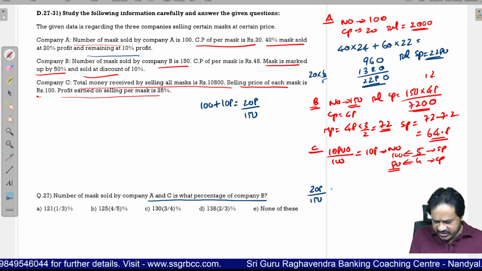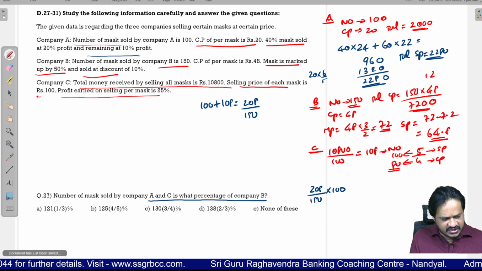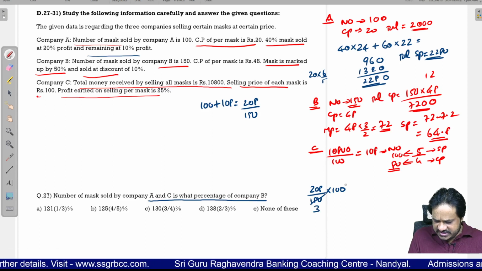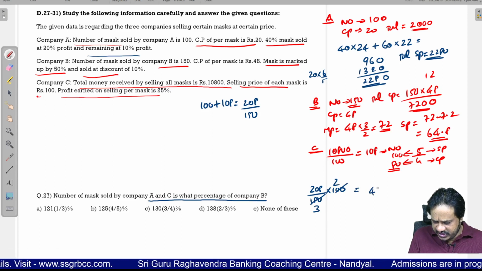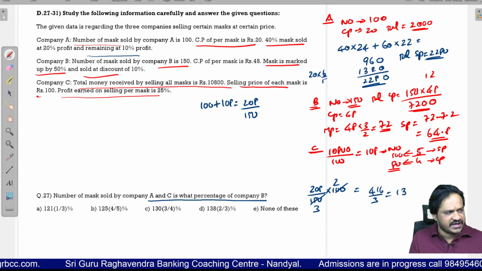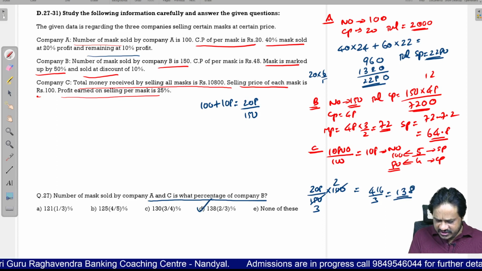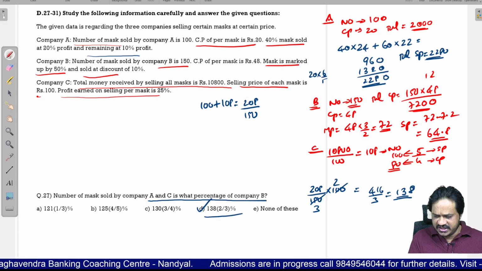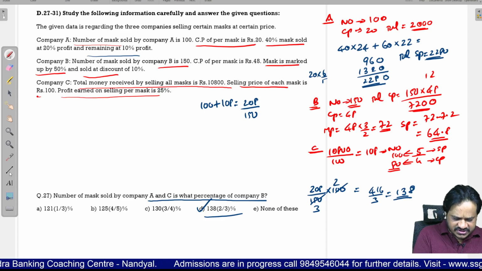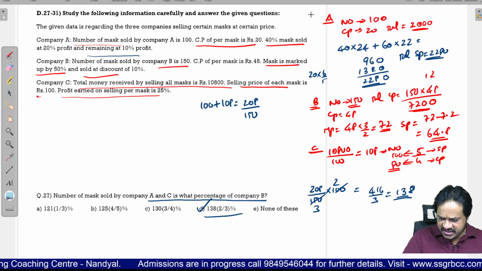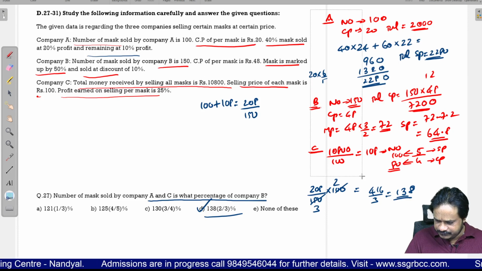Now, 5 3s, 5 2s, you will get 416 by 3. 3 13s 39, then 3 8s. So, you will get 138 2 by 3. Option 4 is the correct answer. Now, let us see the next question.